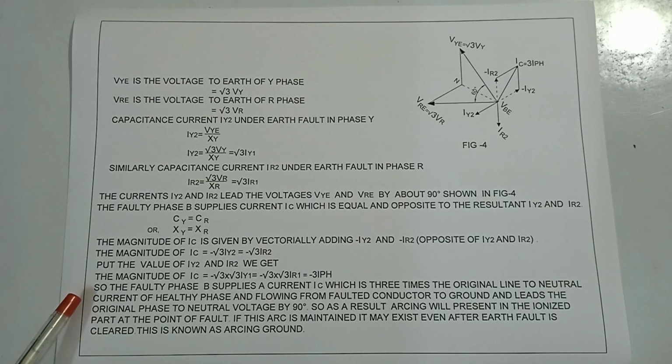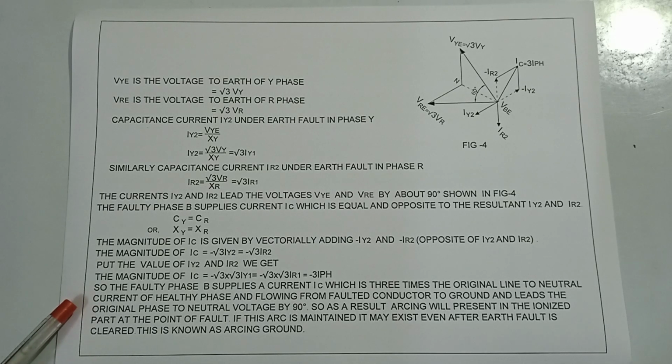So the faulty phase B supplies a current IC which is 3 times the original line to neutral current of a healthy phase, flowing from the faulted conductor to ground, and leads the original phase to neutral voltage by 90 degrees.